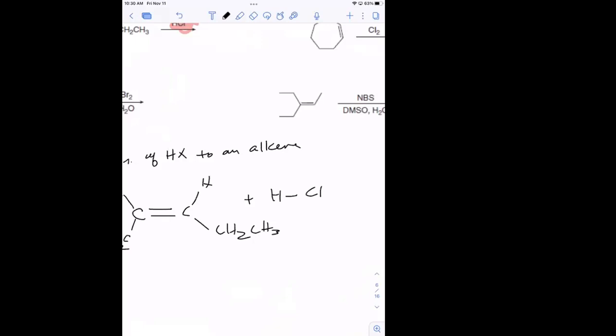Questions? Any questions about anything? All right. So here, I'm going to show it attacking. We've seen these arrows before. We studied nucleophiles and electrophiles. So the pi bond itself is going to supply a pair of electrons that attack hydrogen.